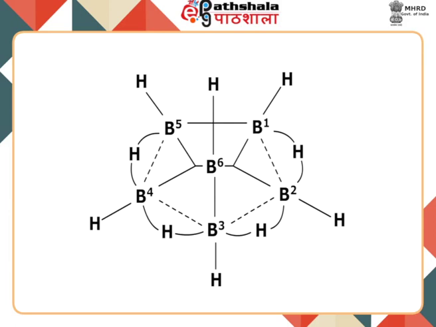Out of the 18 valence electrons of 6 boron atoms, 4 electrons are used up in the 4 BHB bridge bonds, 4 electrons in the 2 BBB triple bridge bonds, 4 electrons in the 2 BB bonds, and the remaining 6 electrons in the 6 terminal BH bonds.